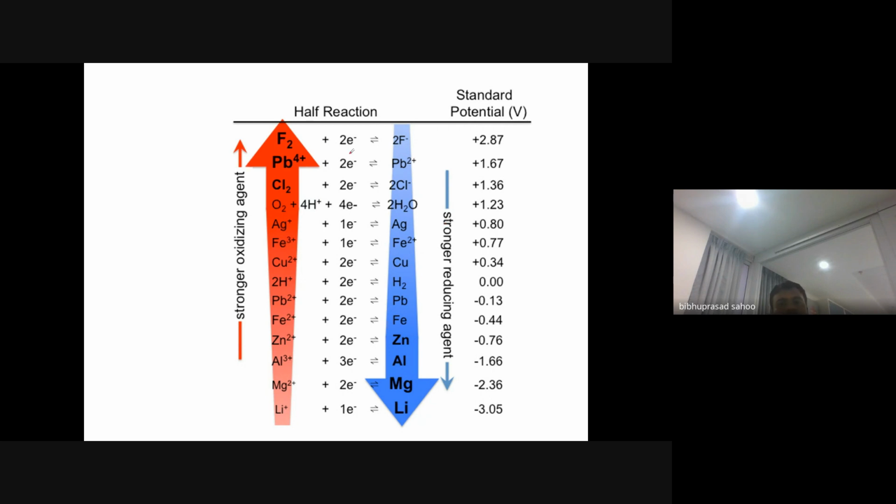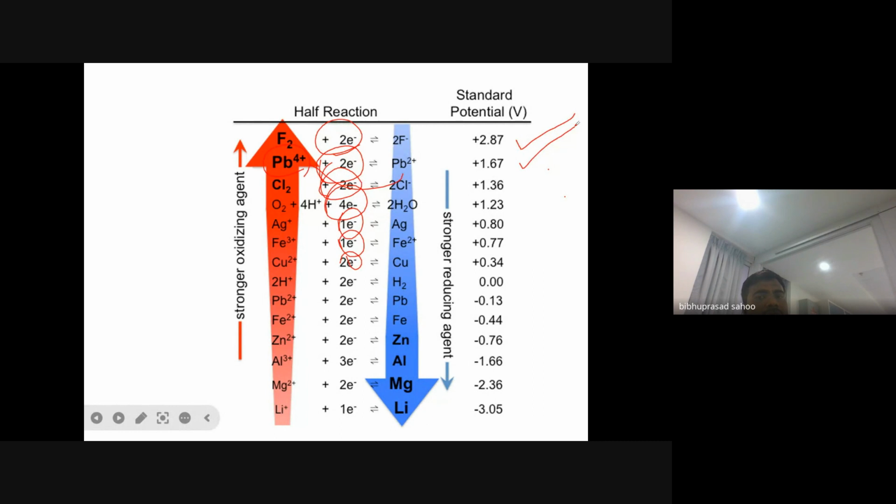Fluorine: F2 plus 2 electrons becomes 2F minus, the standard reduction potential. This is addition of electron, and everywhere here addition of electron means reduction. So the standard reduction potential of fluorine is positive 2.87. Lead plus 4 to lead plus 2 is positive 1.67.